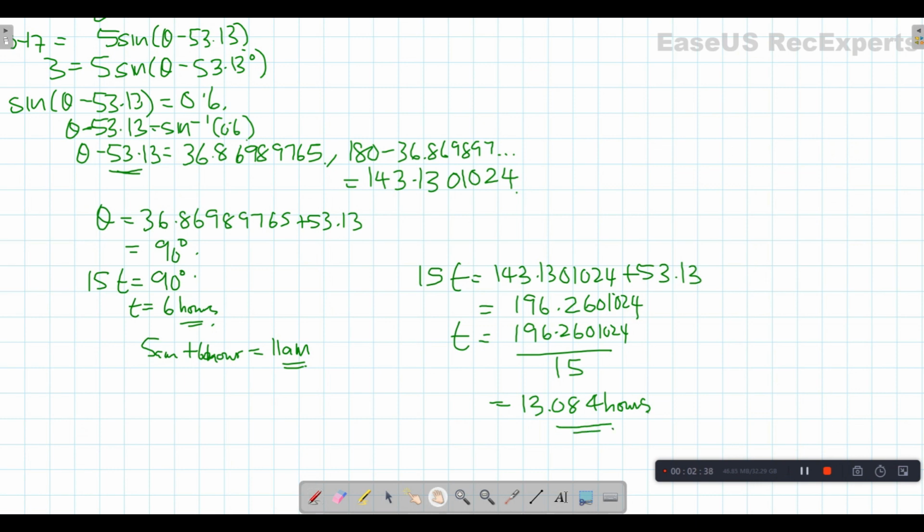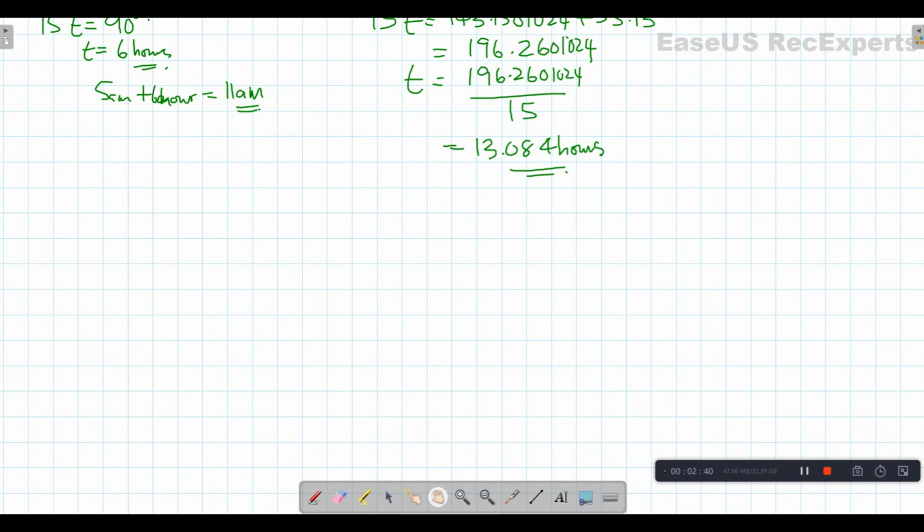So the next time when the temperature is at 20 degrees is 5 a.m. plus 13 hours plus 0.084 times 60, which is nearly 5 minutes, 5.04, but I'll just take it as 5 minutes.